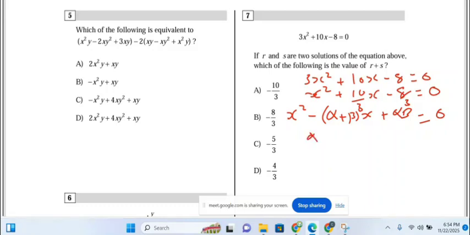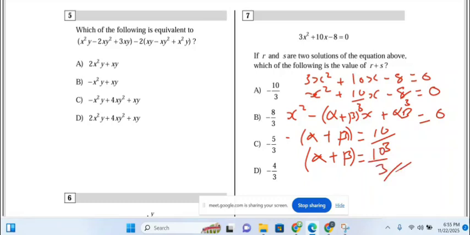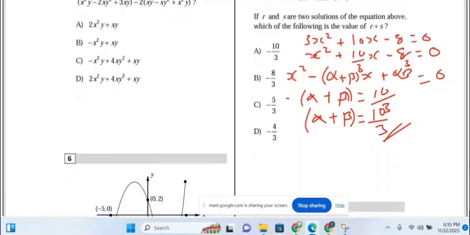So minus (alpha plus beta) is 10 over 3, then alpha plus beta is equal to minus 10 over 3. Period. So that's how that goes. So you need to understand this. Then you look at this again.